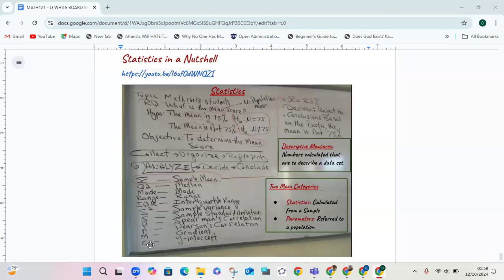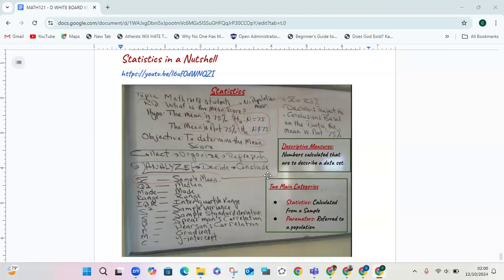Now for this specific case, we are set up to determine the sample mean, in fact the population mean. So therefore, we are not really required to calculate these other descriptive measures. So suffice to say, we can just calculate the sample mean.